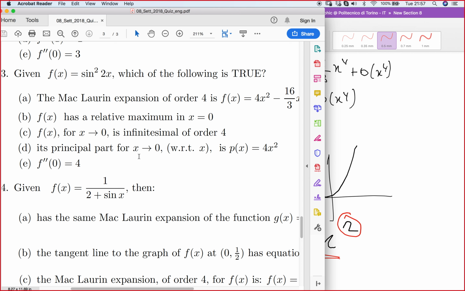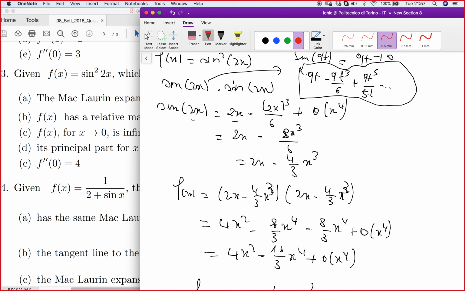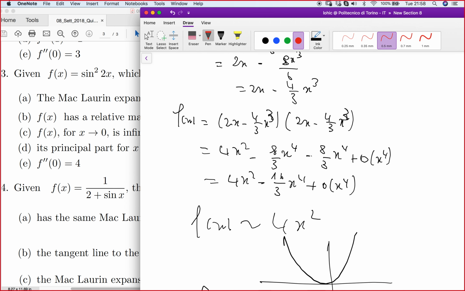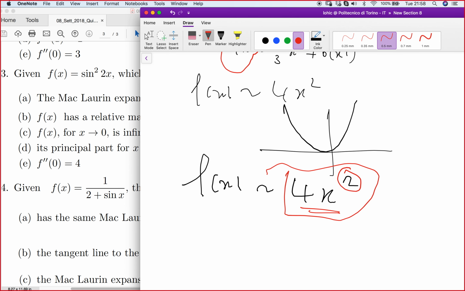Its principal part for x tending to 0 is 4x squared. Yes or not? The principal part is exactly 4x squared. I remind you that the principal part is the most important term of the Taylor expansion, and for this expansion, the most important term is this one. So it is the principal part. So D is correct. The answer is, in fact, 13D.